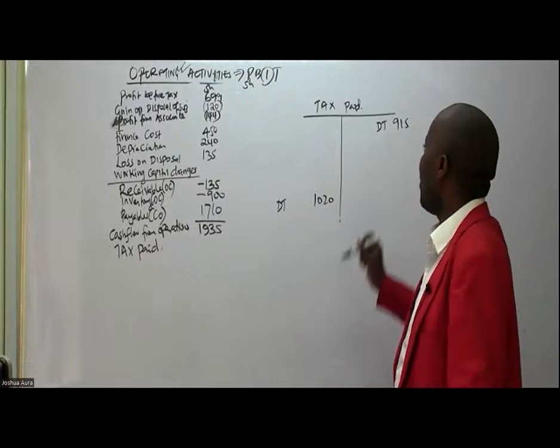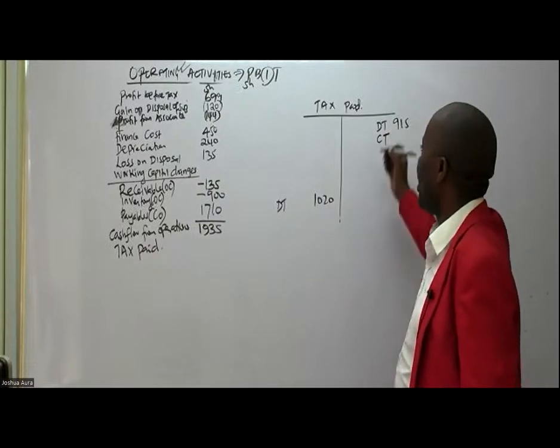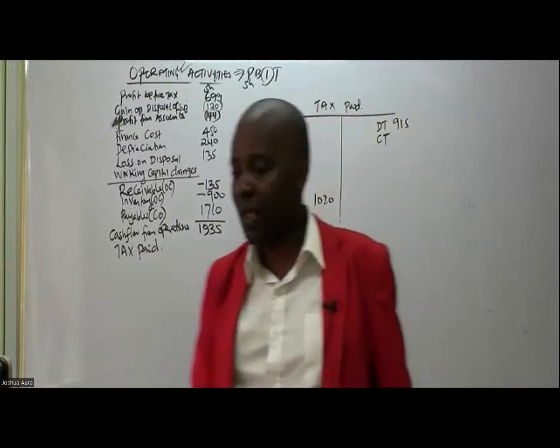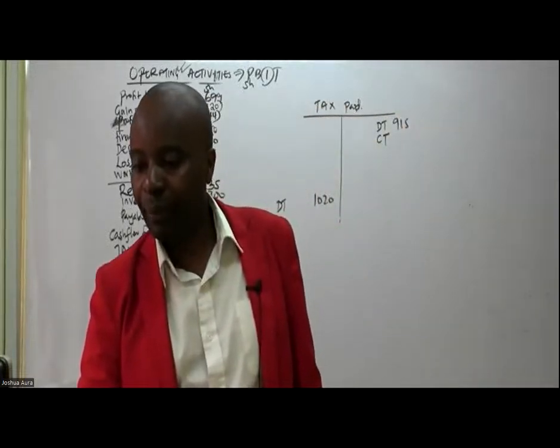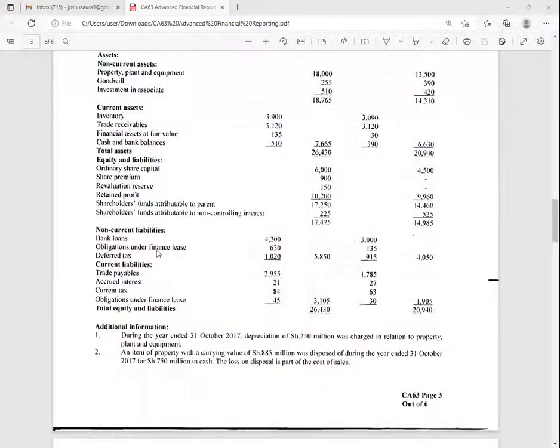And now we're going to have the current tax. The current tax from the deferred tax account, how much is it? I can see current tax brought down from last year is 63. Brought down is 63, if I'm not wrong, 63 and 84.